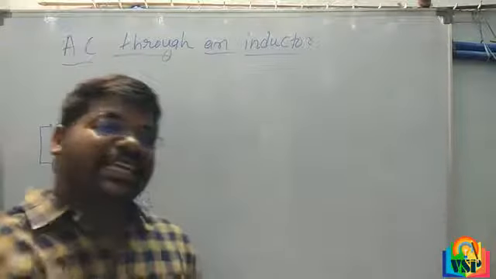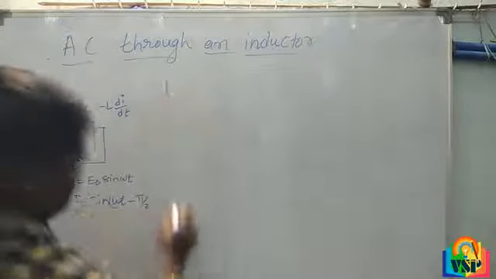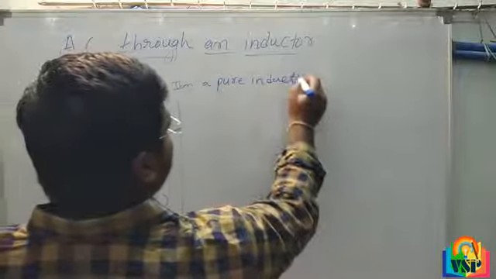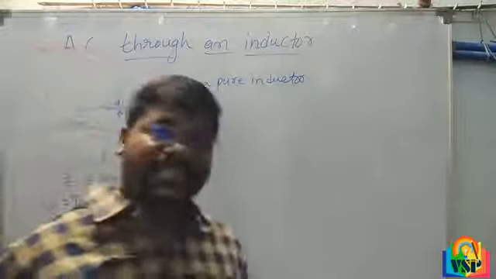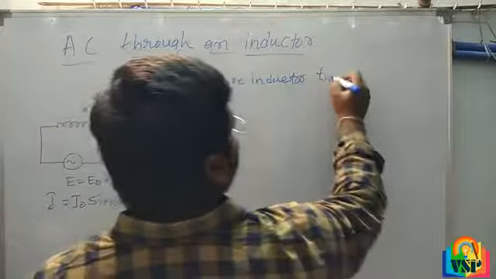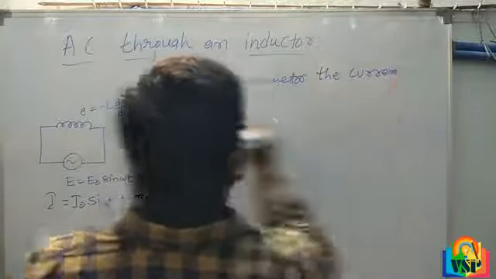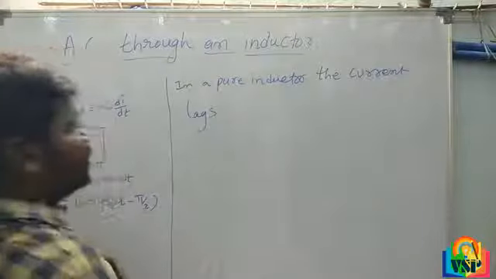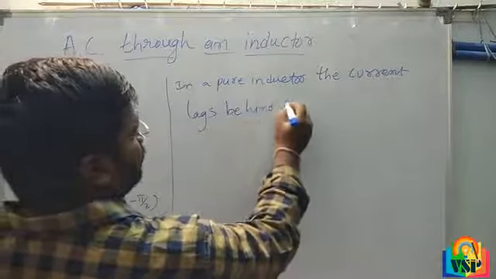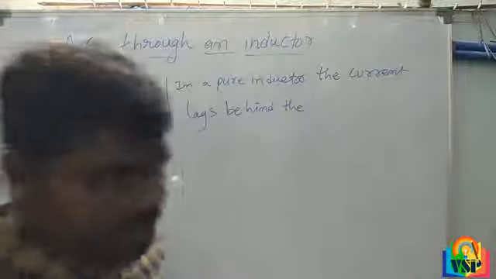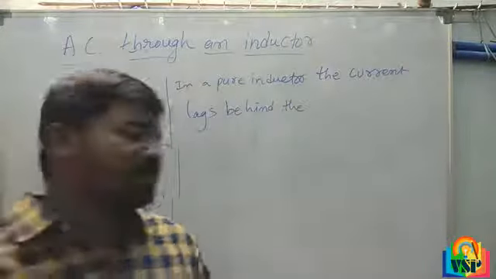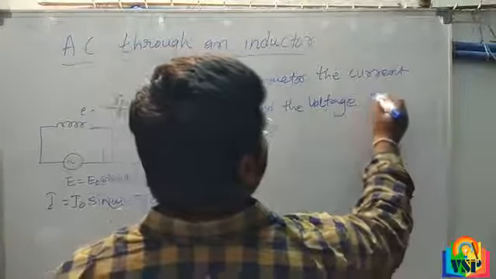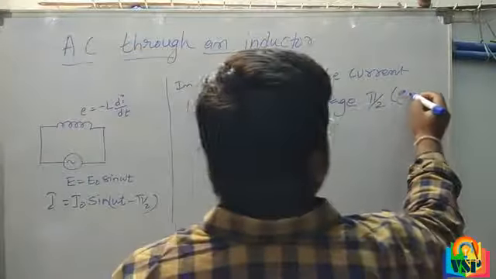See here, in a pure inductor the current lags behind the voltage by pi by 2, which means 90 degrees.